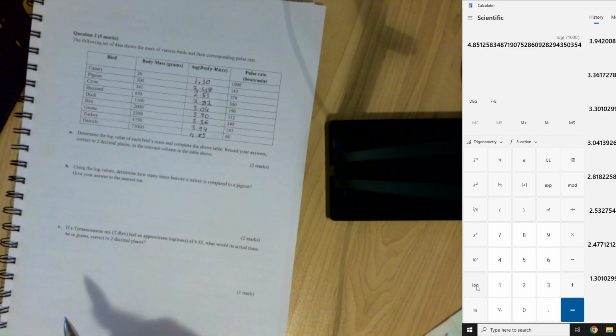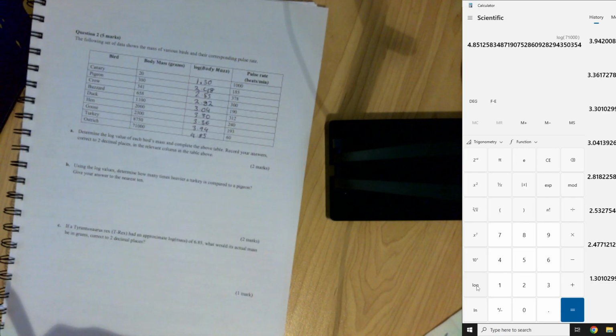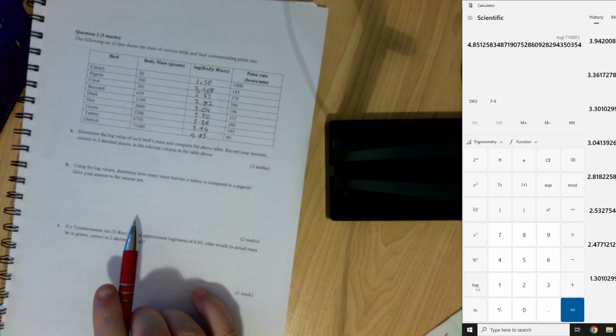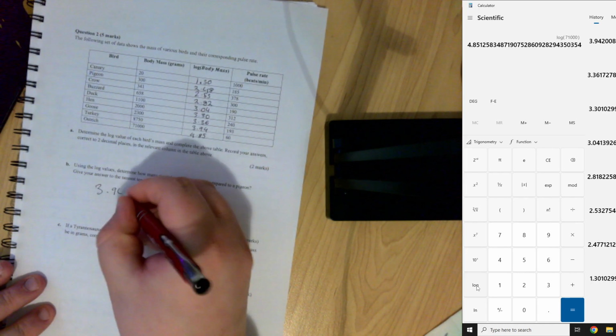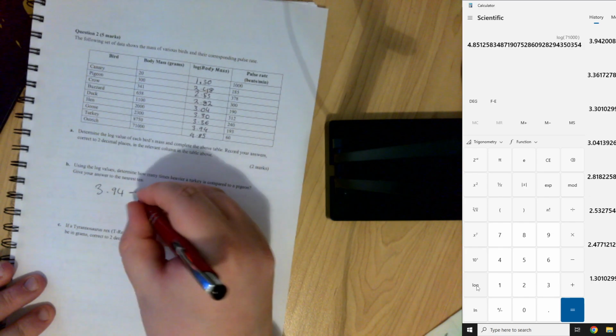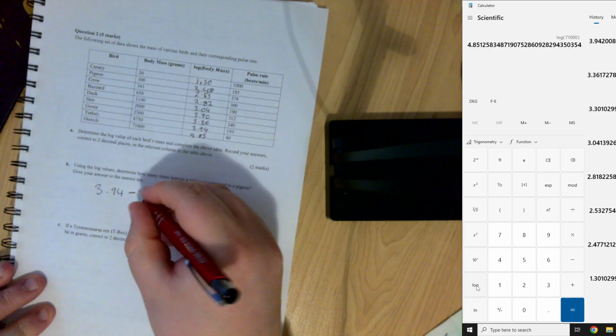Anyway, using the log values, how many times heavier is a turkey compared to a pigeon? That's 3.94 for the turkey minus the log of a pigeon, which is 2.48.